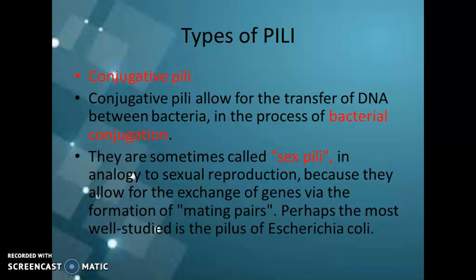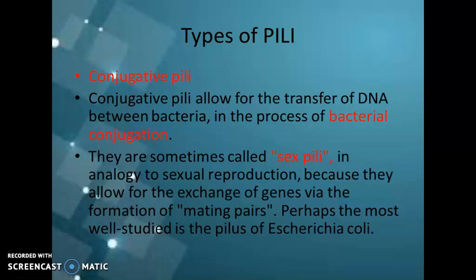When two bacteria are present, if one bacterium wants to transfer its DNA to the other, that process takes place with the help of pili, and it is called bacterial conjugation. In this process, the transfer of DNA from donor to recipient bacteria takes place with the help of a pilus.